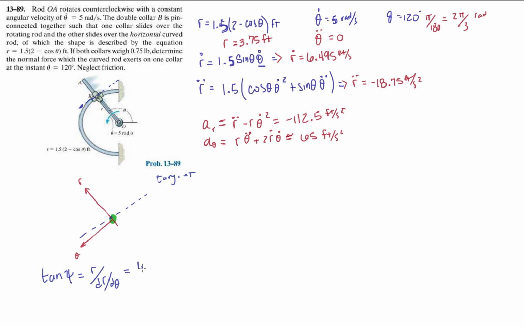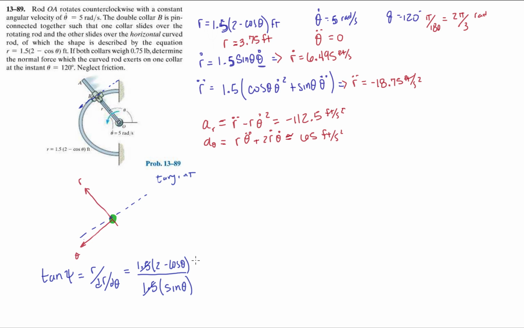So here, what's r? It's 1.5 times 2 minus cosine theta, divided by the derivative of r, which is 1.5, and then the derivative of what's inside the parentheses, we end up getting minus sine theta, so we just get sine theta, right? This goes away.